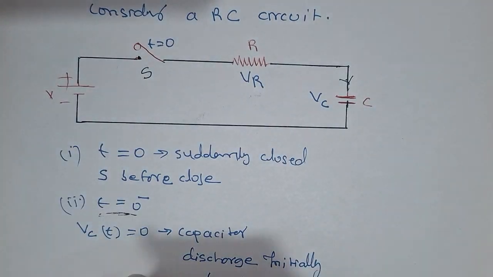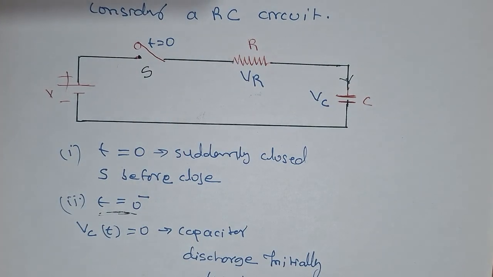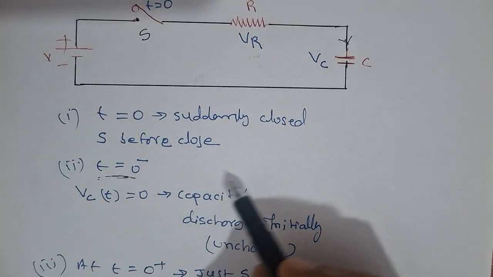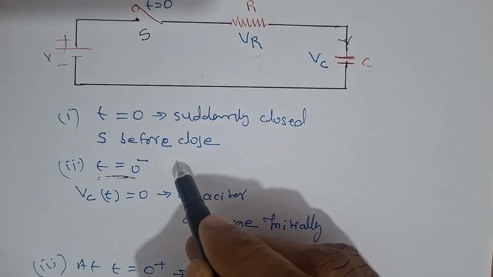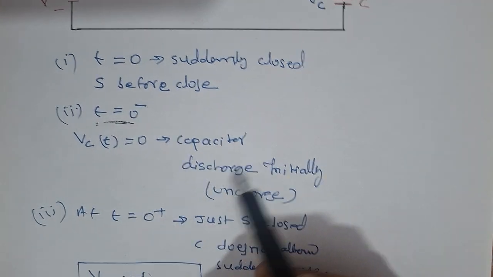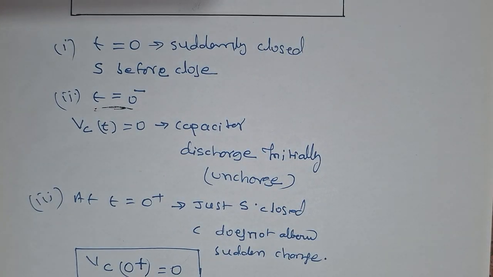We didn't close the switch yet, so it is uncharged and VC is 0. Simply, VC(t) equals 0, the capacitor is discharged initially because we are not applying any voltage.